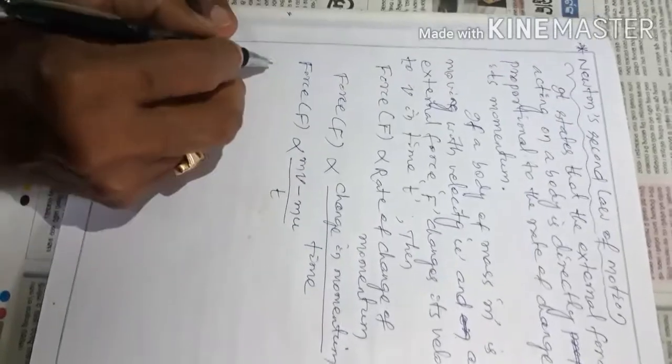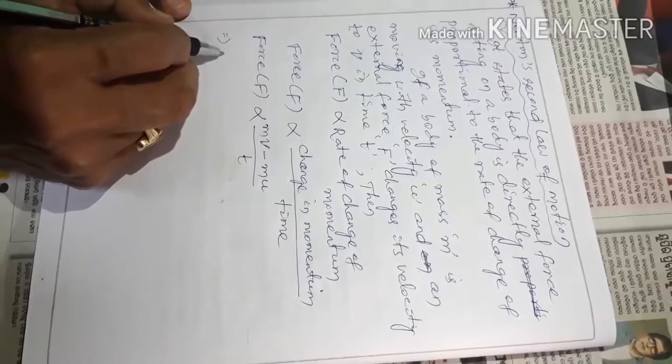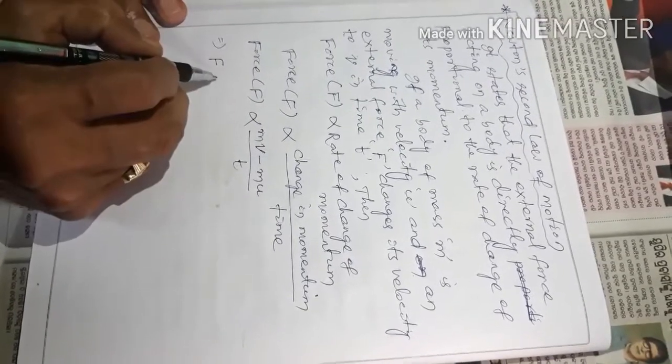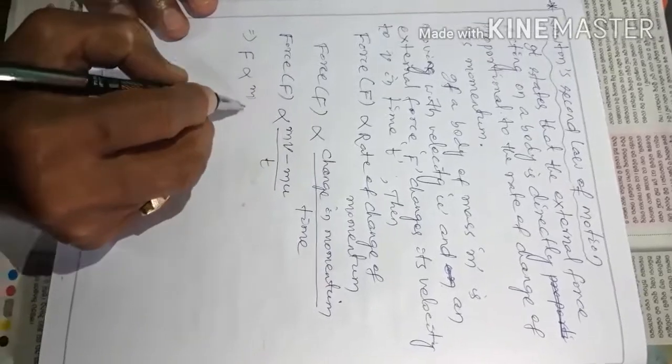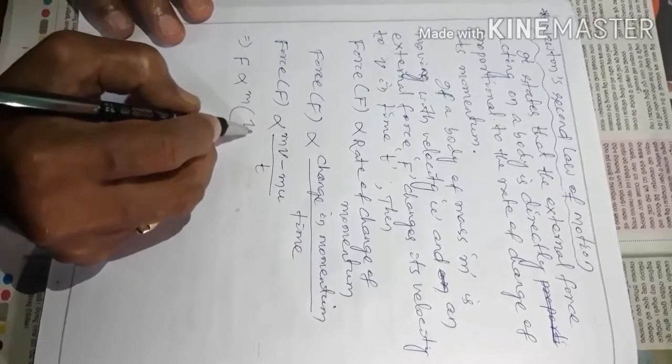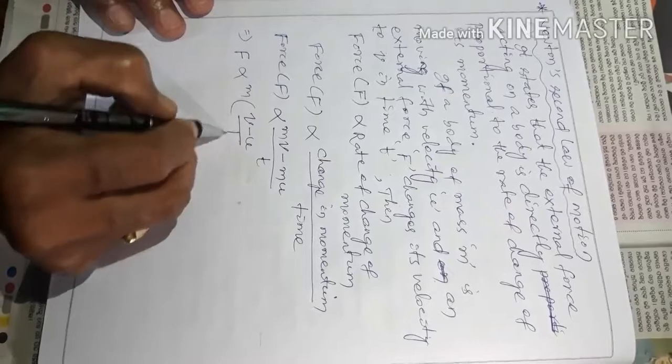Taking m common, F is proportional to m into (v minus u) by t.